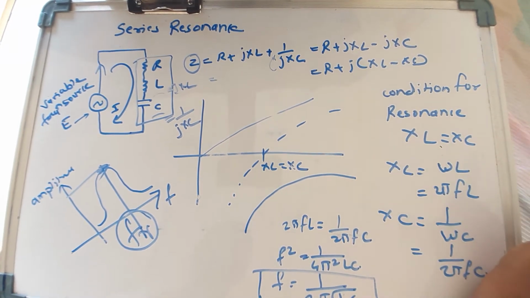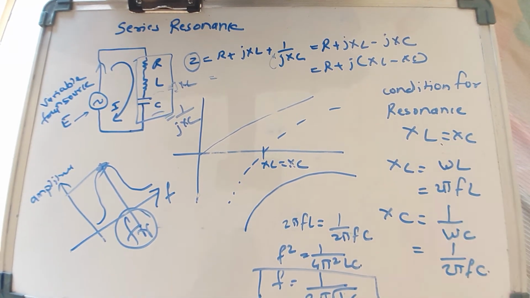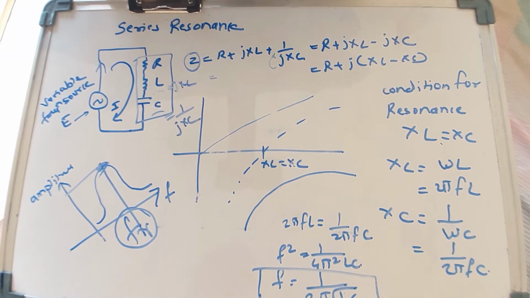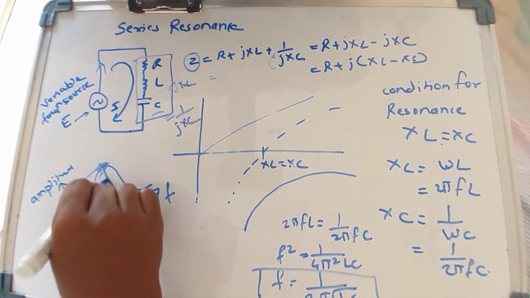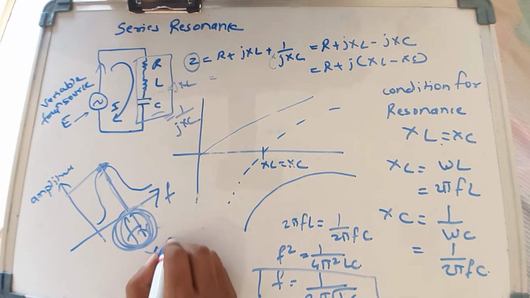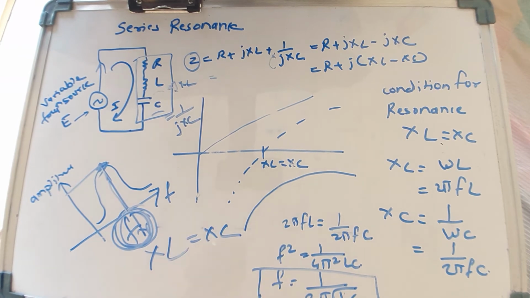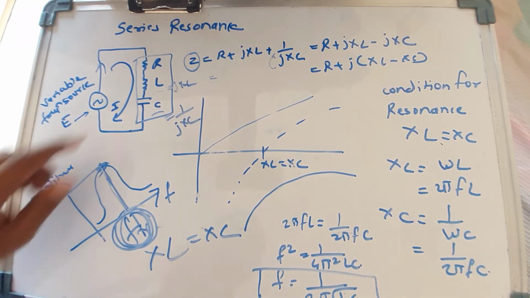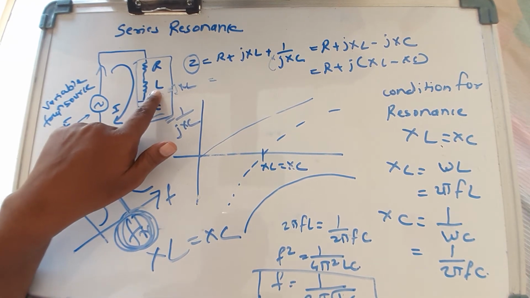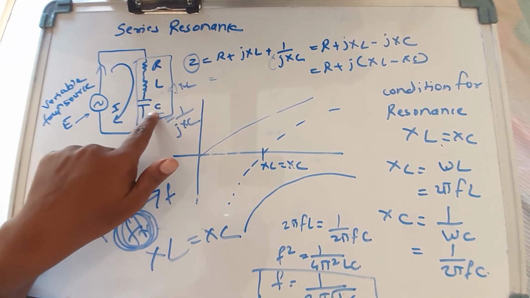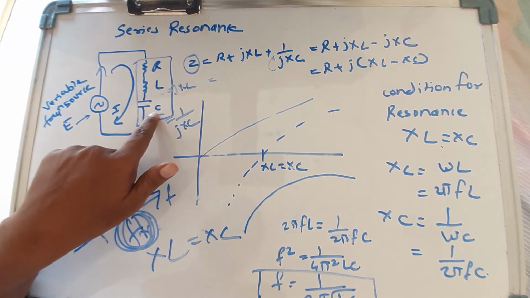So what is the condition for resonance? This is the condition where we get the maximum gain. For that condition, XL equals XC. That is, the reactive component of the inductor must be equal to the reactive component of the capacitor.